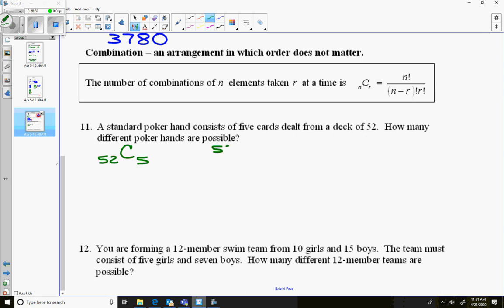So that would be 52 factorial over 52 minus 5 factorial. That right there would be your permutation. But throw in that extra 5 factorial to make it be a combination. So 52 factorial over 47 factorial, 5 factorial.